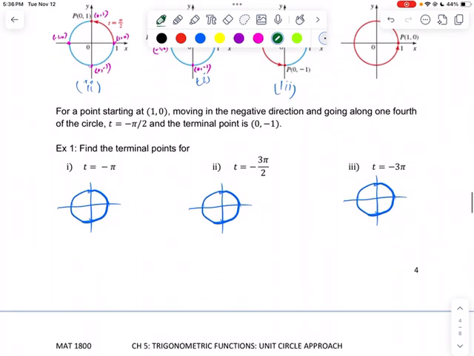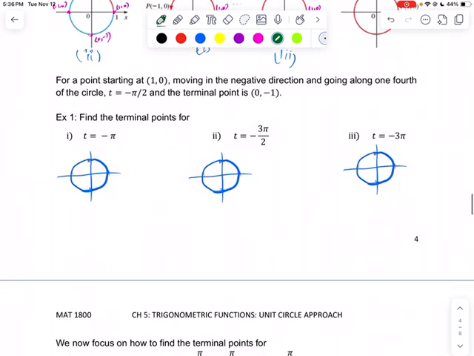I would suggest that you draw a unit circle and try to see where you land. So for example, the first one, t is equal to negative pi. Negative pi means, well, always remember starting at here. Maybe first you should write the coordinates of each point.